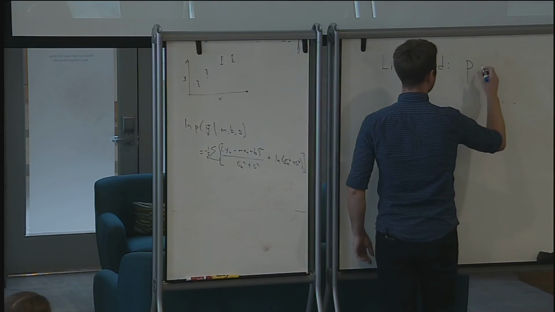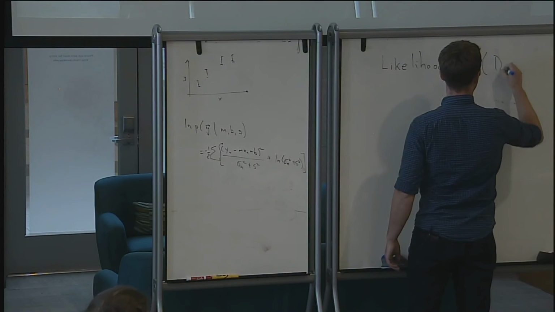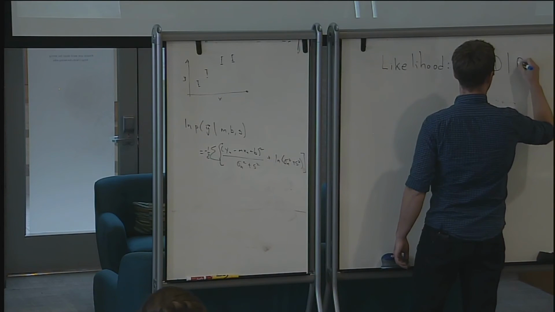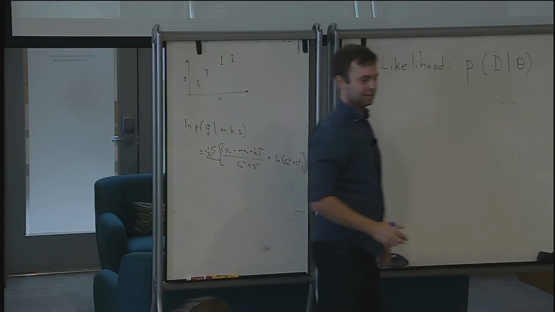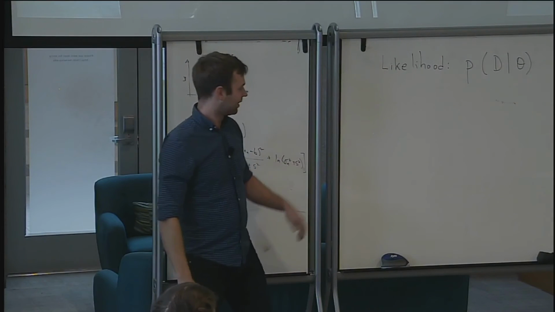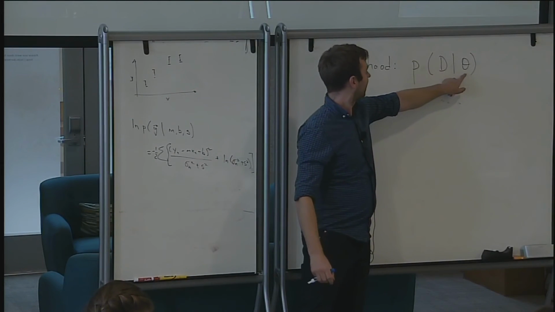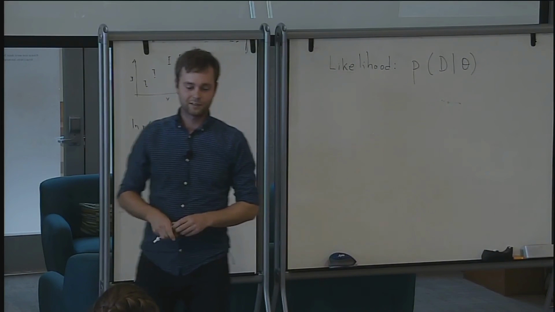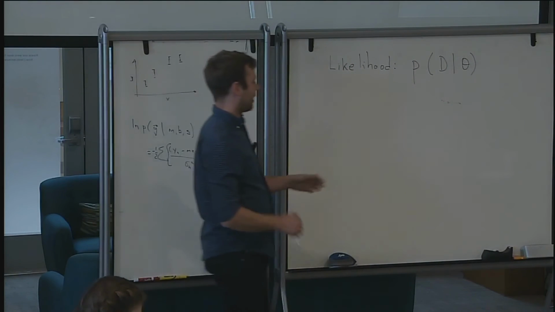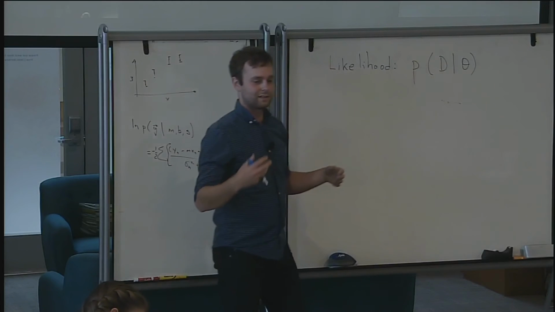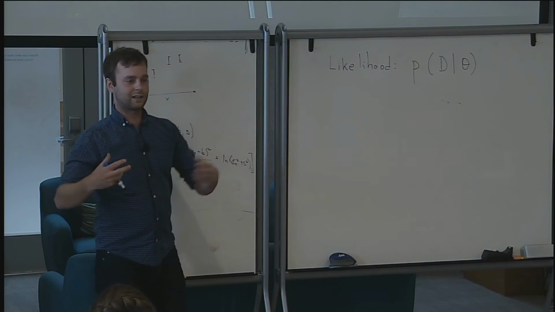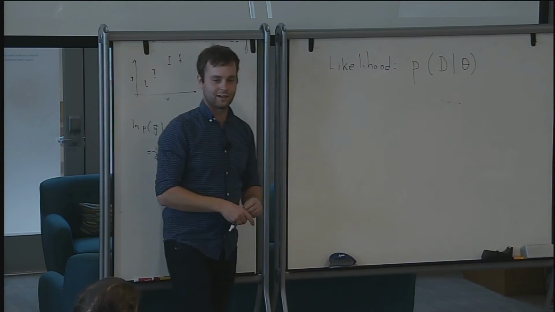So the likelihood is the probability of the data given our model parameters. And that's the terminology that I'm going to use right there, where D is the data and theta are the model parameters. And so this is the thing that we're used to writing down. This is where our physics goes most of the time.